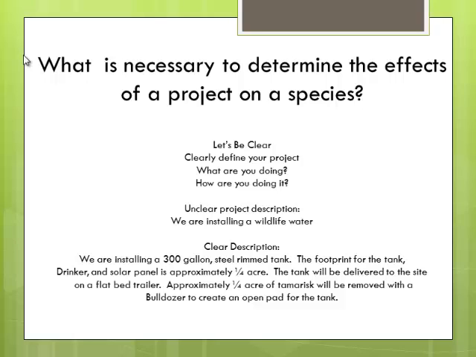And so the more information you can provide about how you're going to accomplish that installation or whatever that action is actually more important than you think. You may know what you're doing and have the project laid out, but the more information you can provide, the better I have an understanding of the project and what those impacts may be.